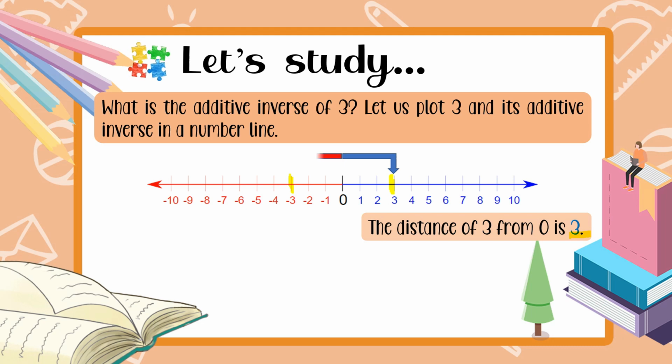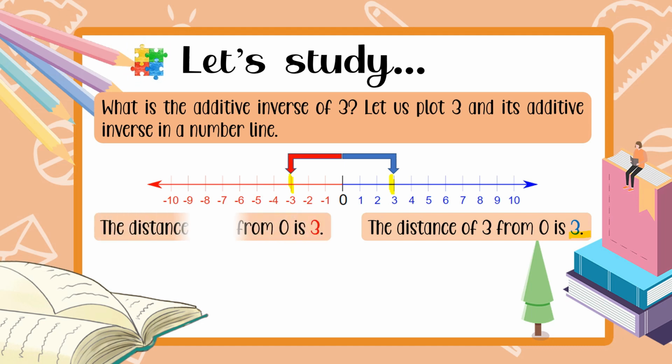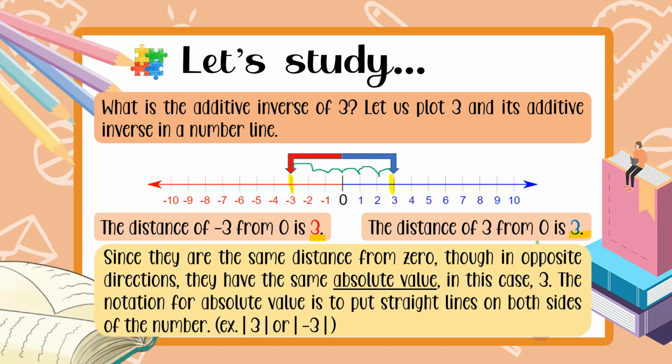From 0 to negative 3, the distance is also 3. Pareho yung kanyang distansya. So, ano ba yung distance? Ito, distance from 0. So, 1, 2, 3. Ito din. 1, 2, and 3. Since they have the same distance from 0, though in opposite direction, they have the same absolute value.